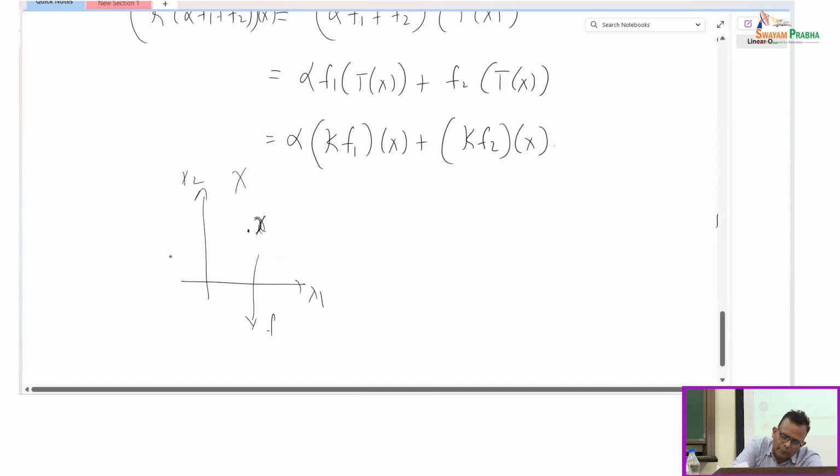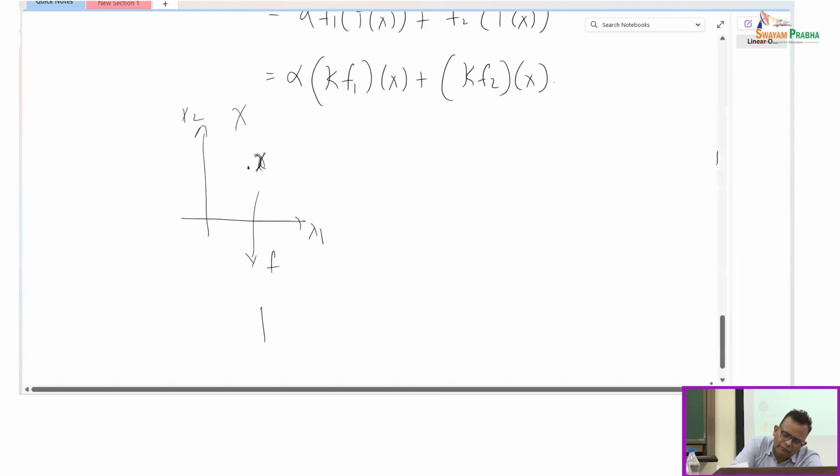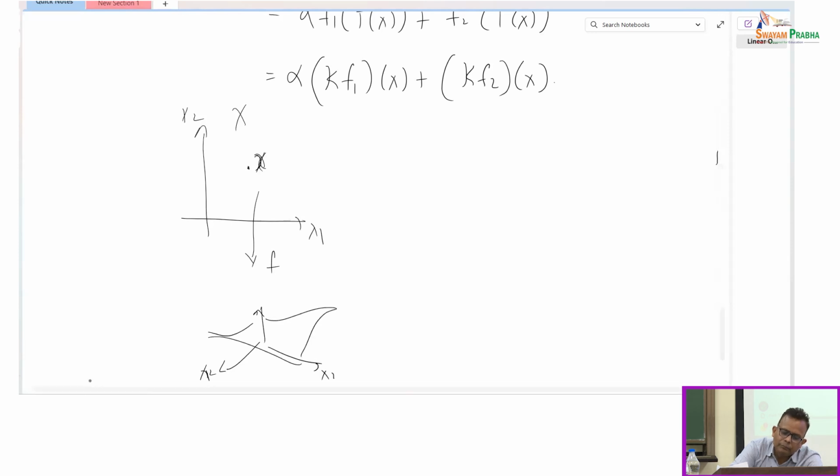Now you construct an observable f. You can visualize this as x1, x2, and this is your initial function f, right? Now this point x evolves and gives you a new point T of x, right? This is my new point T of x, and this is my original point x.